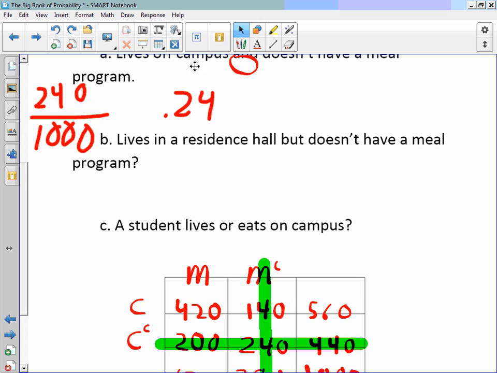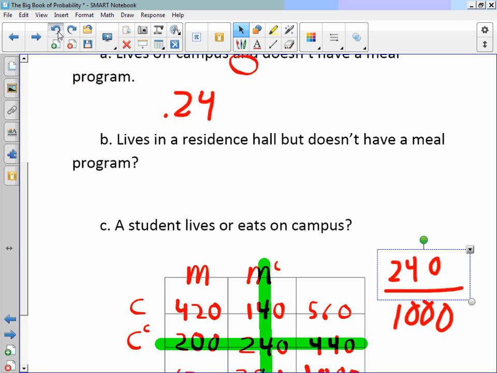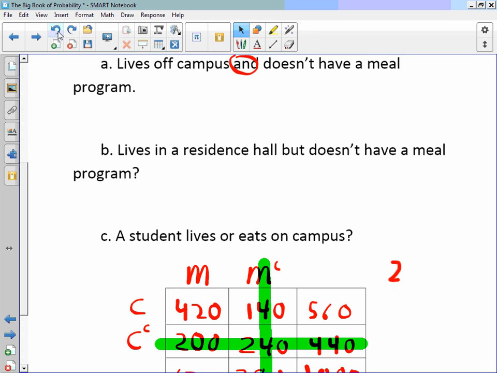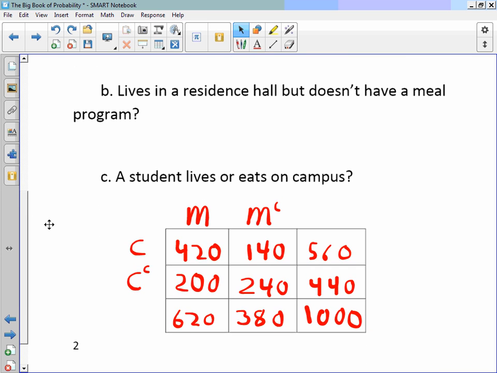All right, there we go. Lives in a residence hall. All right, so I'm going to highlight this. Lives in a residence hall. Boom. But doesn't have a meal program. Okay, so this includes an "and" statement as well, right? Because which one do they both have?